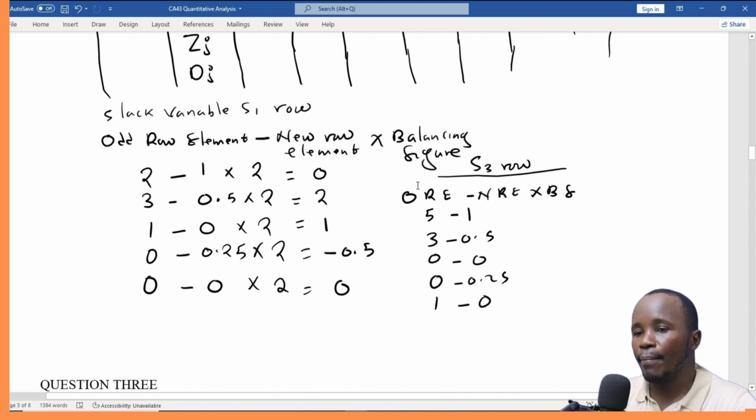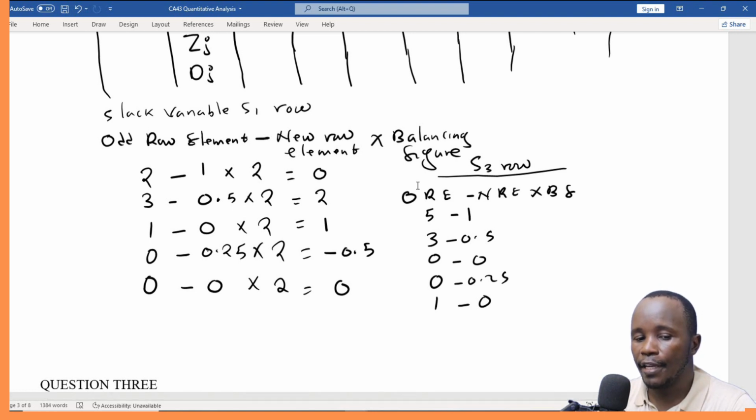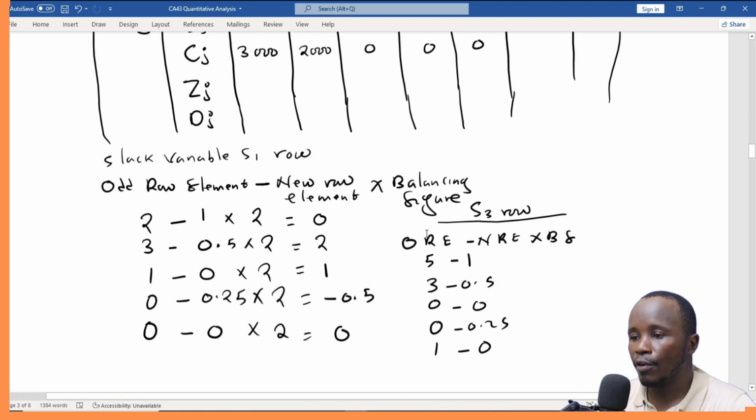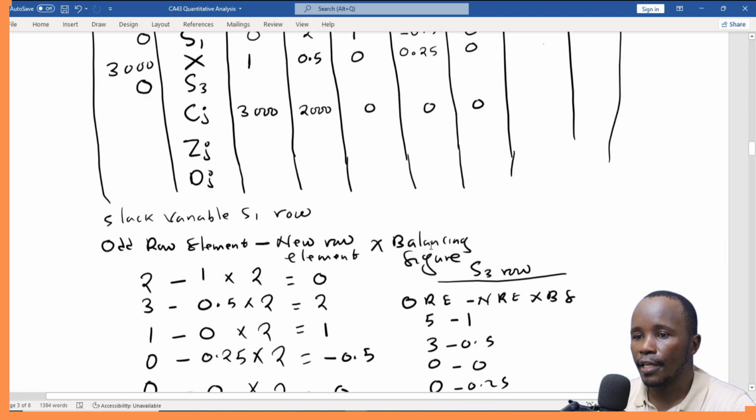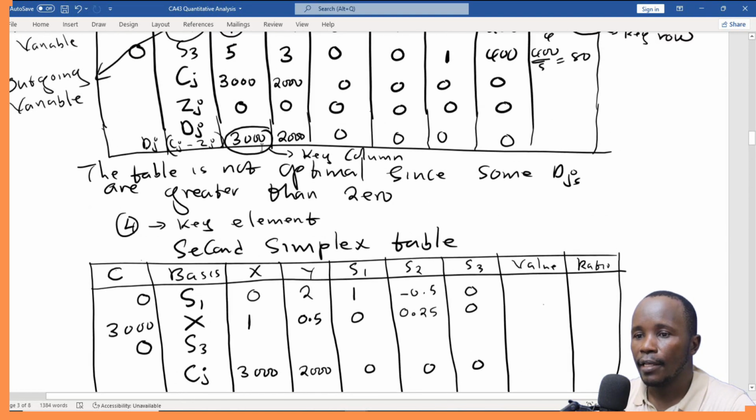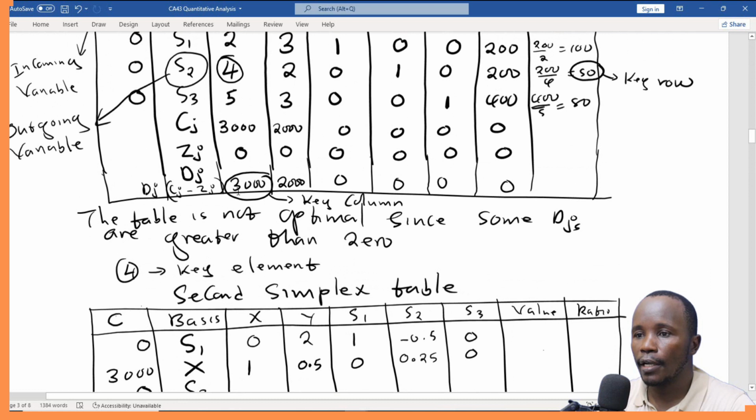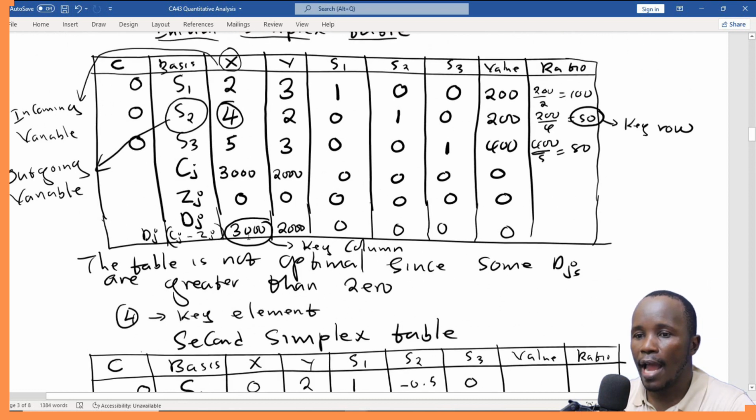Now let's look at the balancing figure for this S3. We look at the initial simplex table and ask ourselves which value coincides with the key column and the S3, the row we want to fill.